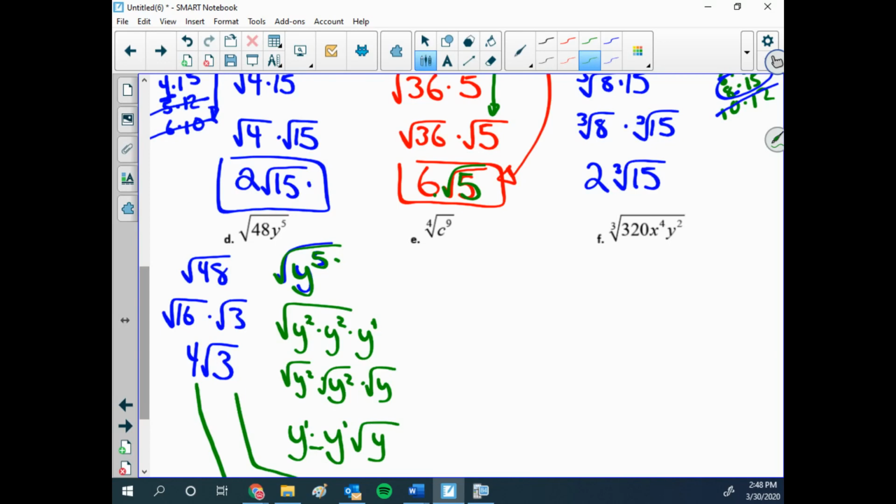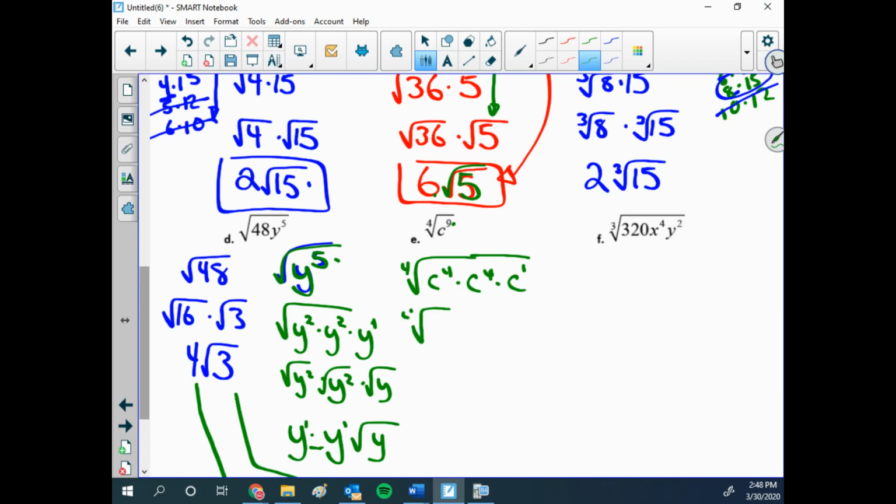The next one is the fourth root of c to the power of 9. Now, in order to take something out here, I'm looking for groups of 4. So this would be c to the 4 times c to the 4 times c to the 1, right? Because 4 plus 4 plus 1 is going to give me 9.